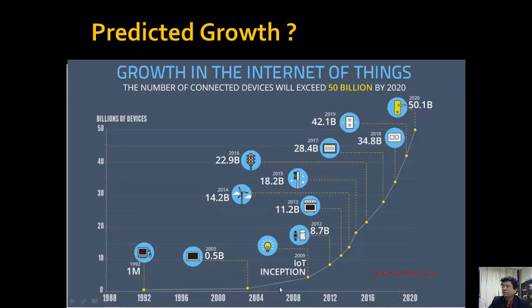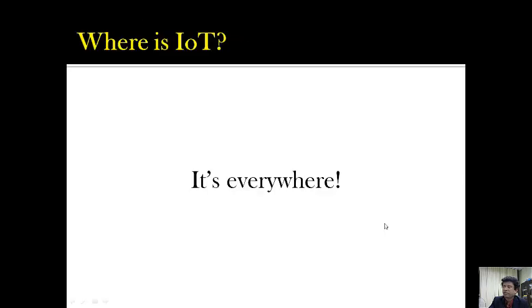As we go, since the inception in 2009, you can see there is an exponential growth in the number of devices connected, and it will exceed 50 billion by 2020. This is the data from the company Cisco, taken from 2015. So we are expecting more or less the same trend.